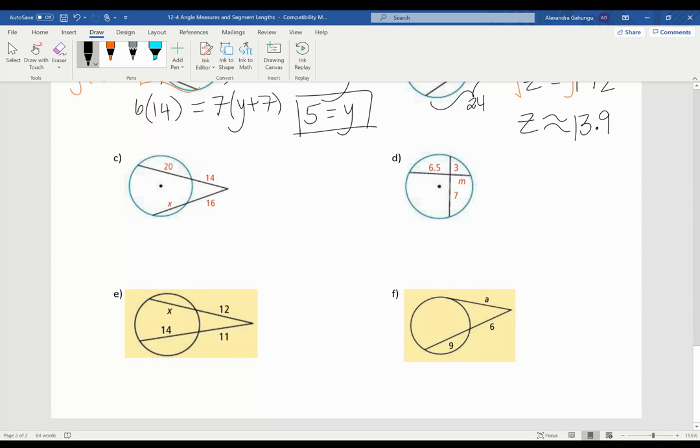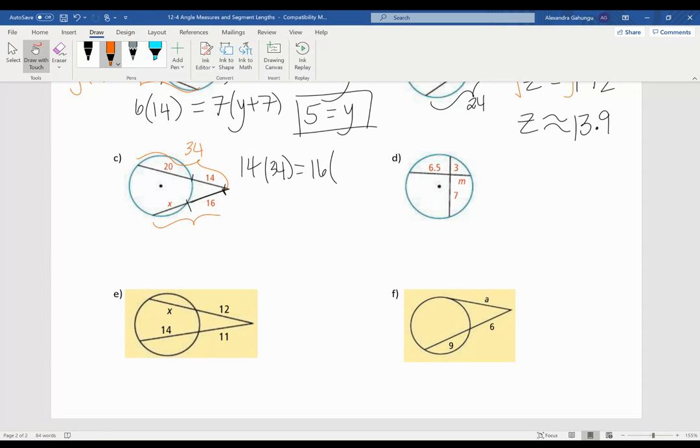All right, we're going to keep practicing these, deciding whether these intersect inside or outside the circle, and that'll tell us which of our three ways we're going to be using. So it's outside, and so we'll go outside times the whole. So outside was 14. The whole is 34. Equals outside times the whole. The portion of the segment that's outside the circle, that's what I mean by outside, times the whole.